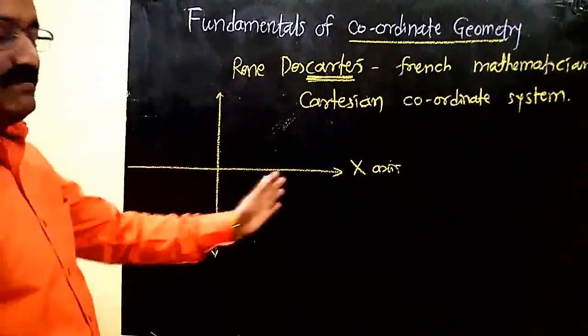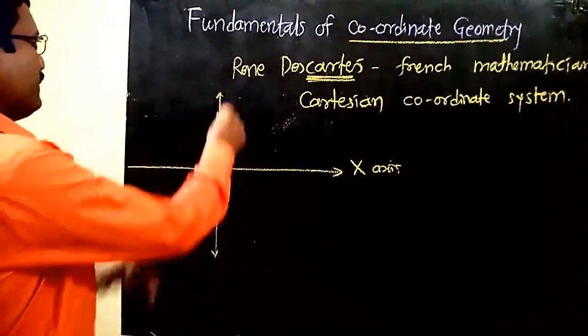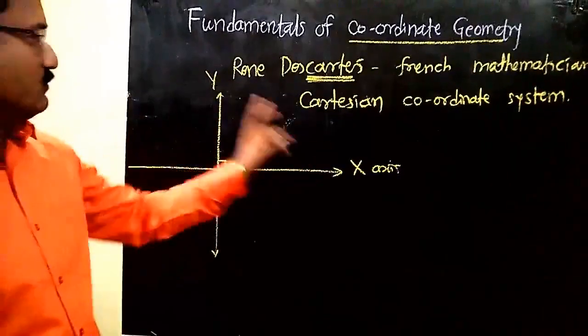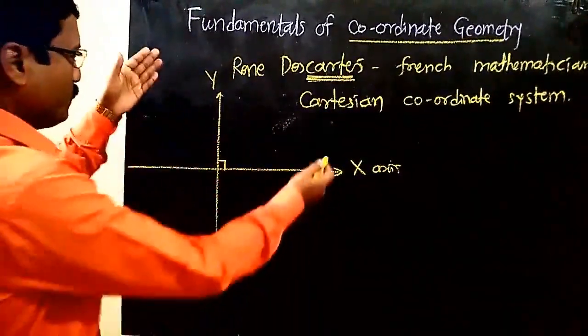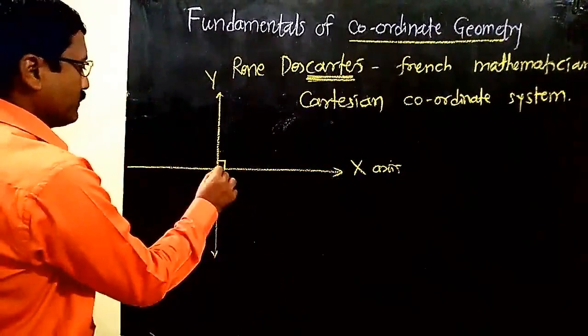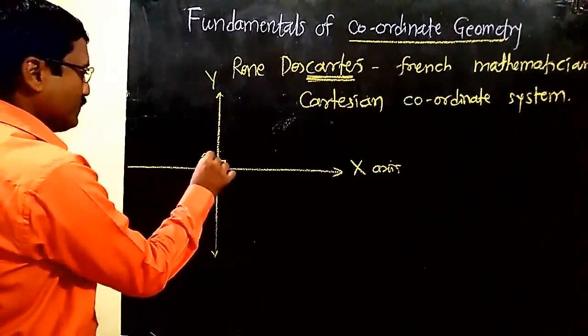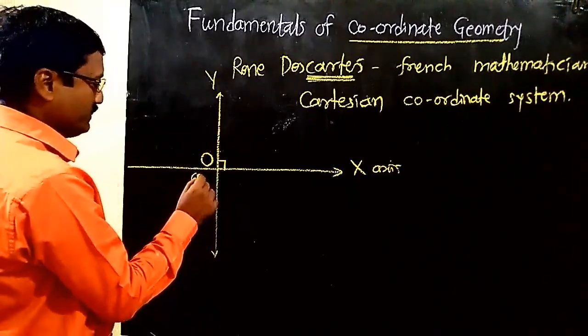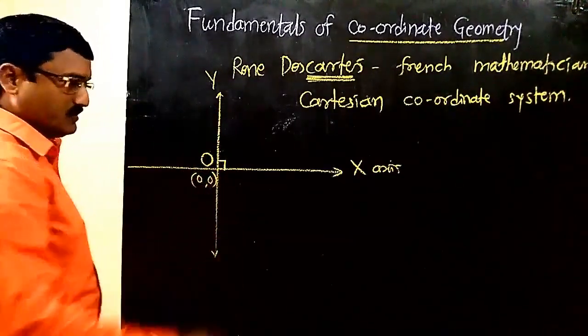Out of those infinitely many perpendicular lines, we can take any one line and call it y-axis. So x-axis is perpendicular to y-axis, and the point of intersection of these two axes we call origin O, and the numbers associated with this point are 0, 0.